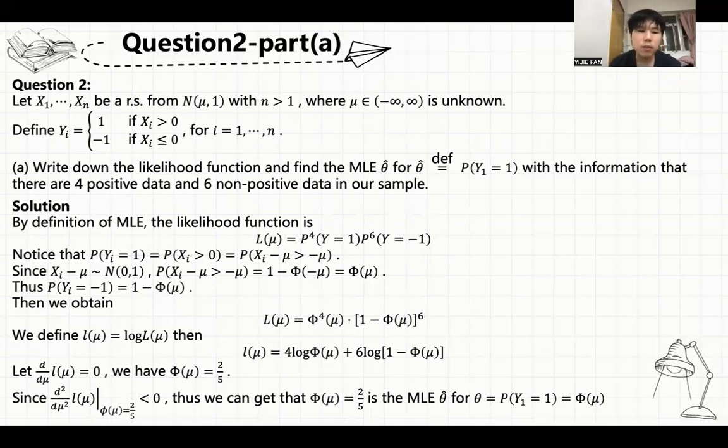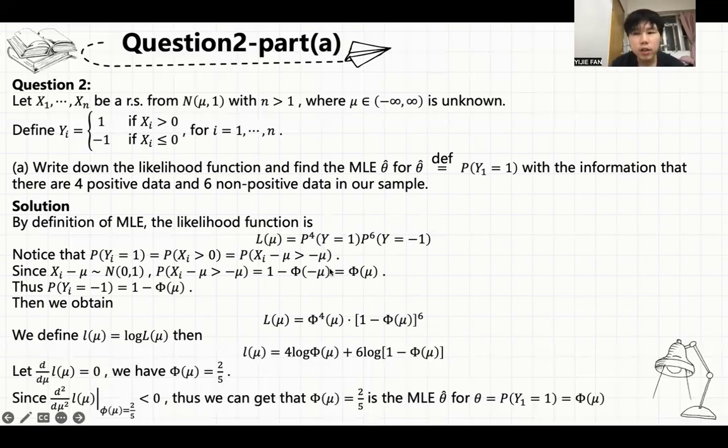Okay, so by the definition of maximum likelihood estimate, the likelihood function is L(mu), which is equal to 4 power to the probability of Y equal to 1, and 6 power to the probability of Y equal to -1.